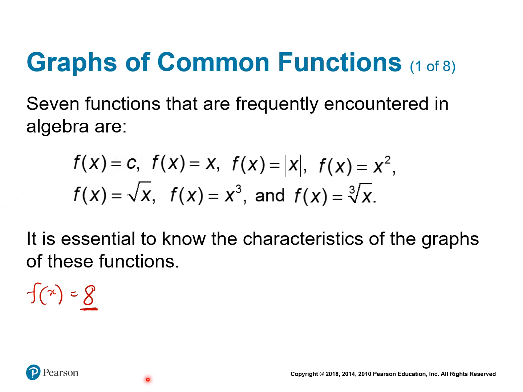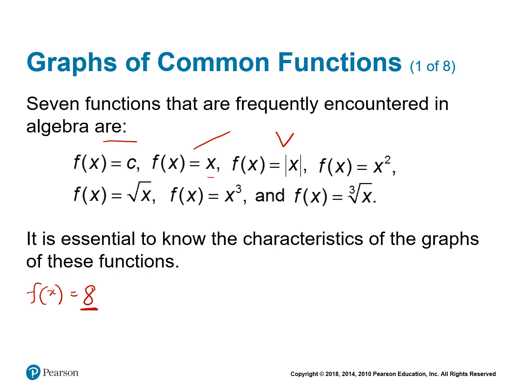For example, and we'll go into more details in subsequent slides, the graph of a constant function is going to be a horizontal line. The graph of a linear function where it's f of x equals x is going to be a slanted line passing through the x-axis. Then the graph of the absolute value of x is going to be a V-shaped graph.